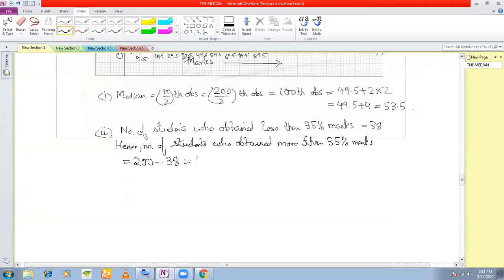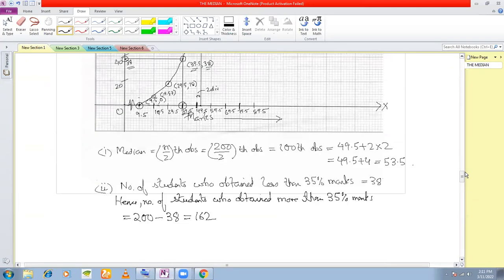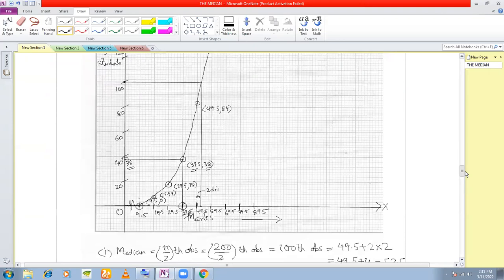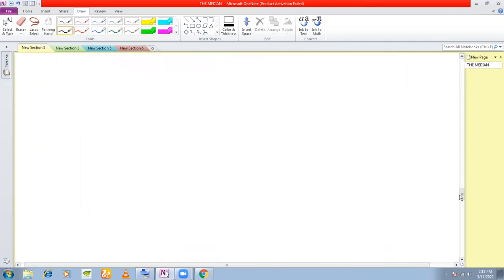So this should come out to be 162. So the number of students who have scored more than 35% marks is 162. And you have answered both the questions, and this is how you answer. Any doubts on any particular part of the explanation? Fine. We'll move on to the next question then.